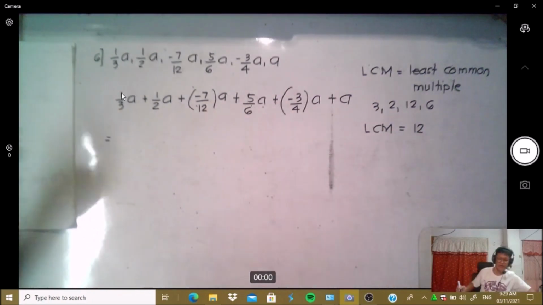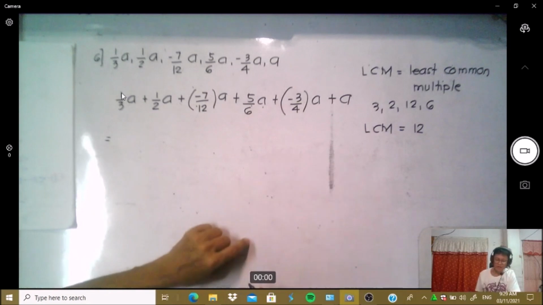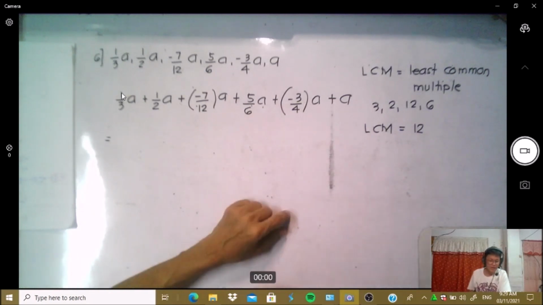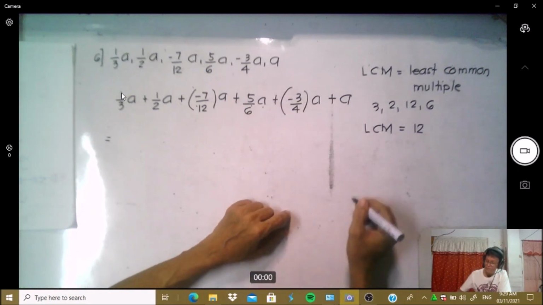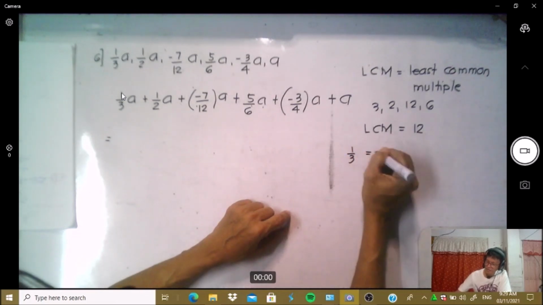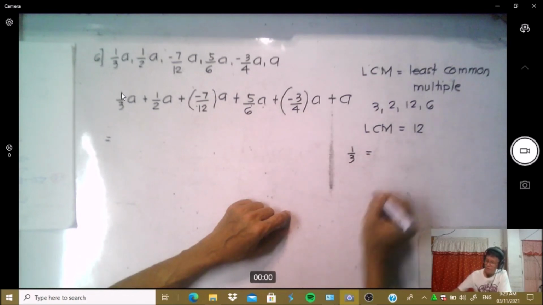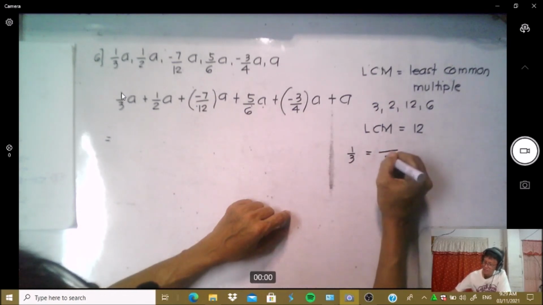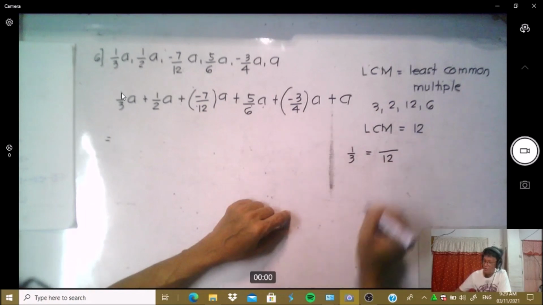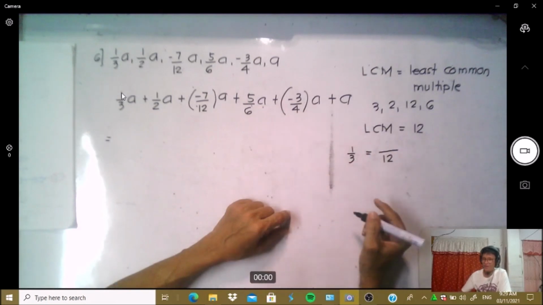And we are going to convert all these terms to a divisor of 12. So 1/3: we have this denominator 12, then 12 divided by 3 is 4, and then multiply it by 1. That is our operation in improper fraction.